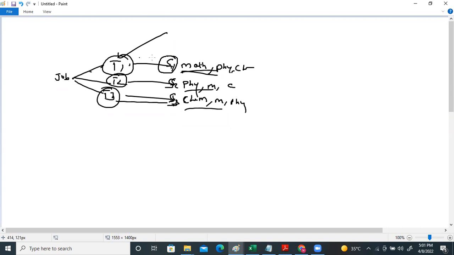T1 task I can assign to any of these three students, right? Yes, you can assign this T1 task to S1, S2, S3, any of these.